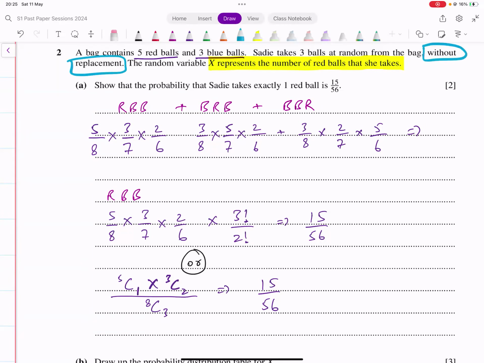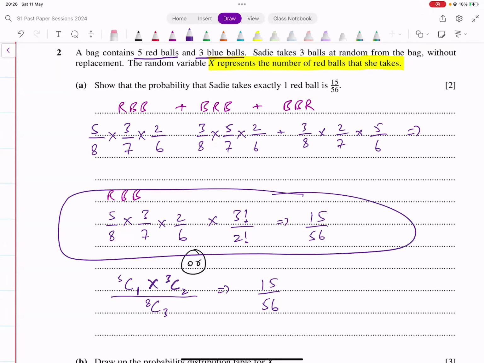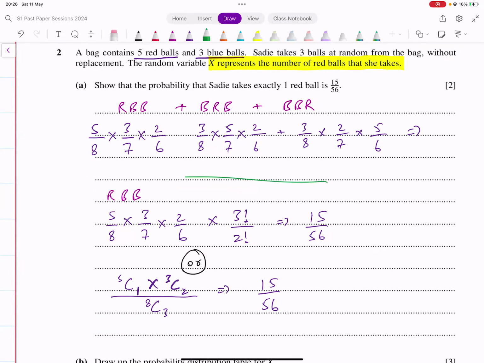If you had with replacement, that means the probabilities were not changing every time. Then you would have to think of these cases. So this method would work every time, but sometimes it gets a bit too complicated. And that is where the combination method is going to help you simplify things. Okay, but remember, the combination method will only work when this is without replacement. Otherwise, it would not work.